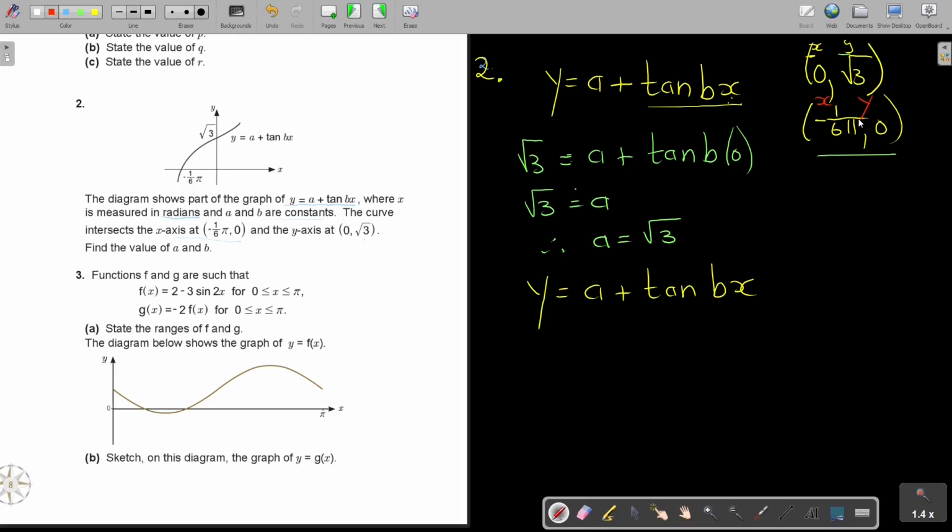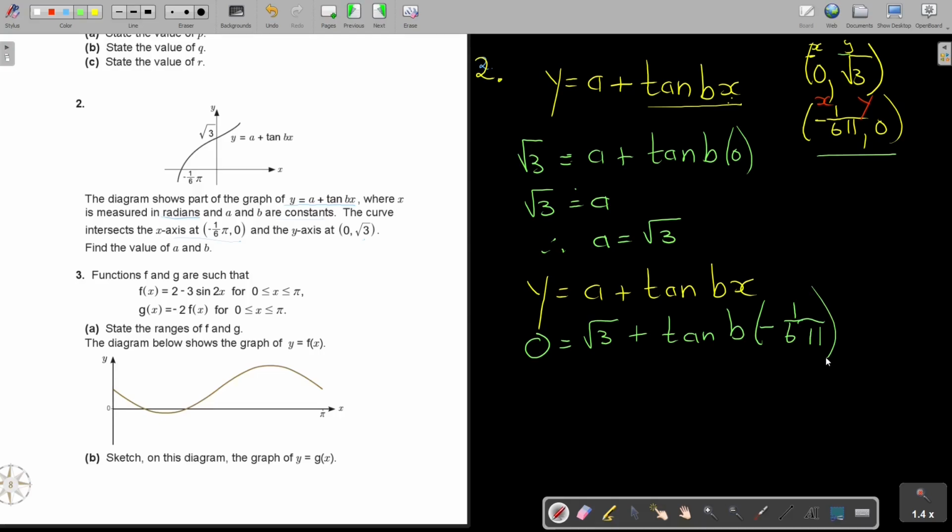So now, in the place of y, I'm going to substitute a 0. So okay, let's just do that. So y is 0. I have a, I can put it now in, plus tan b, and I put in x, minus 1/6 pi. Basically, I'm putting it in like that.